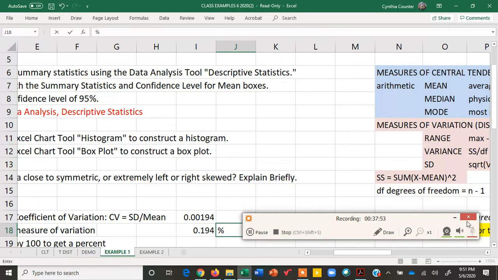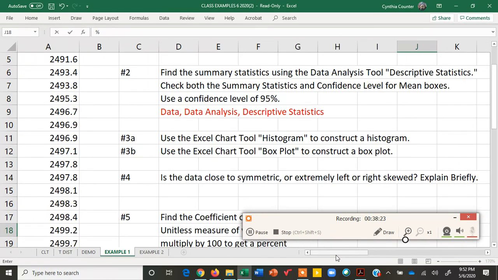So again, a very, very useful measure of variation that's unitless, and it takes into account the scale of measurement that you're using. So not only does it get rid of the units, but as in the scale of measurement, are we talking really big scales or really small fractions? And so the relative ratio of these can make a big difference.